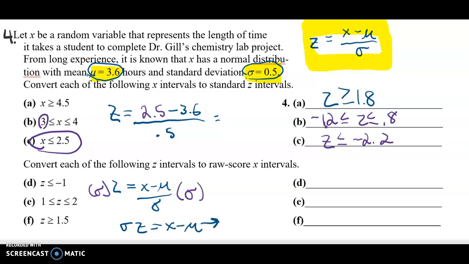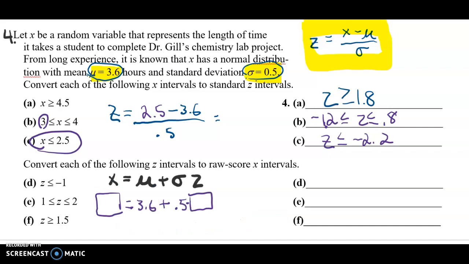That converts to the equation X equals mu plus sigma Z. We're going to use this to fill in our unknowns. We're solving for X, so that's what we're trying to find. And to do that, we'll take the number in each problem and we'll plug it into the box and perform the operations. Go ahead and try that, and then we'll check all 3 answers together.